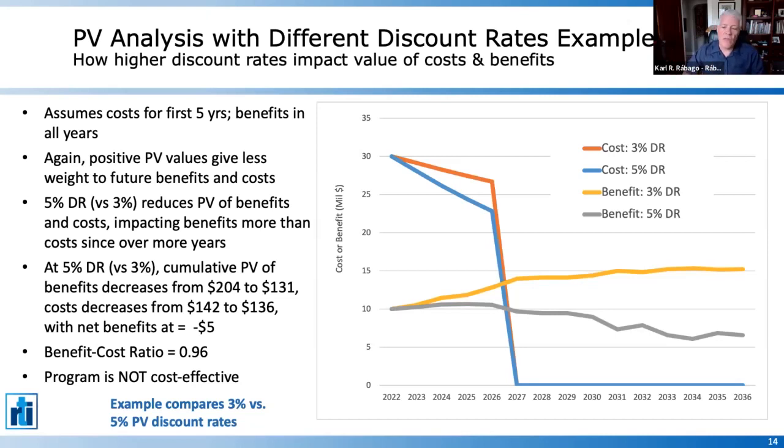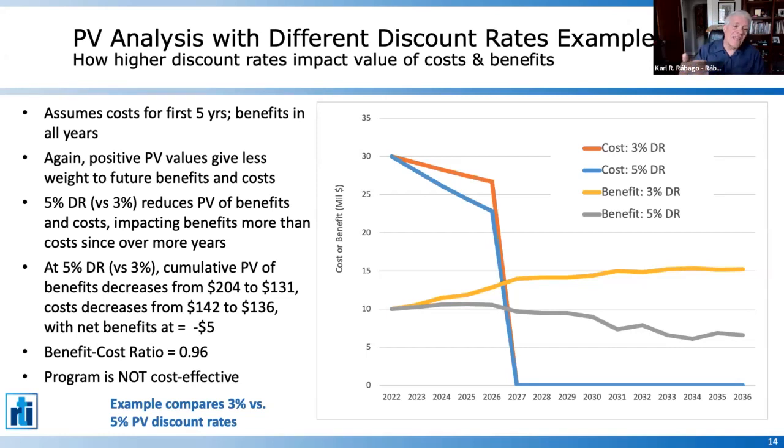The numbers on the left-hand side here tell the tale. If the firm or the decision maker has a 5% discount rate, DER, the cumulative present value goes all the way down to 131 because the benefits are stretched out for that 14-year period. The costs go down a little bit, but they're only for those first 5 years.